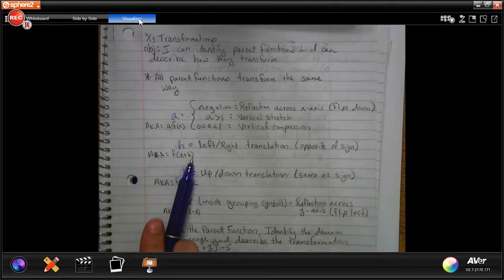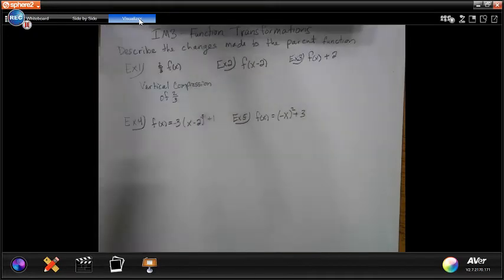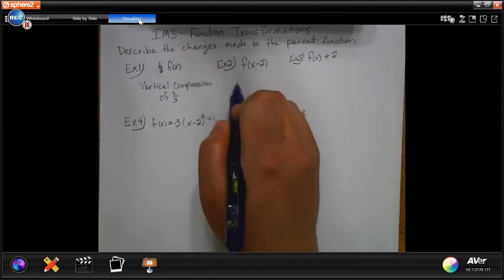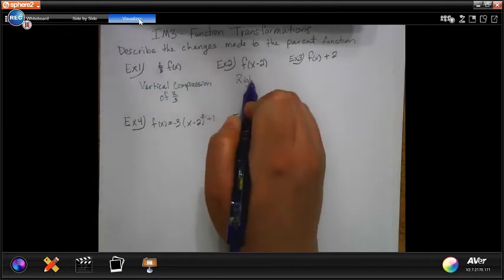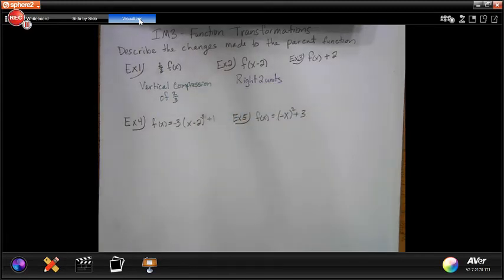So we have H. H is left or right, opposite of the sign. This says minus 2. You want to say left 2, but it's not. It's the opposite. So the positive direction is right. So right 2 units. There we go. Or just right 2.